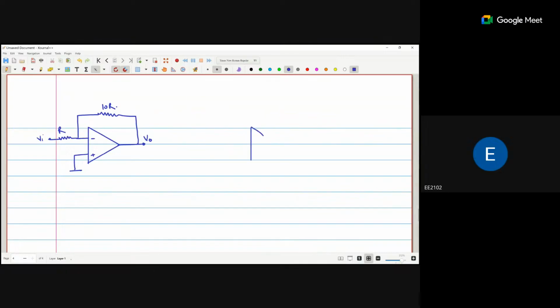In the second case, R, 10R, Vi, with A equal to 1000 by S. Okay, we are considering the first one an ideal op amp, and this one a non-ideal op amp. Can you calculate the transfer function?